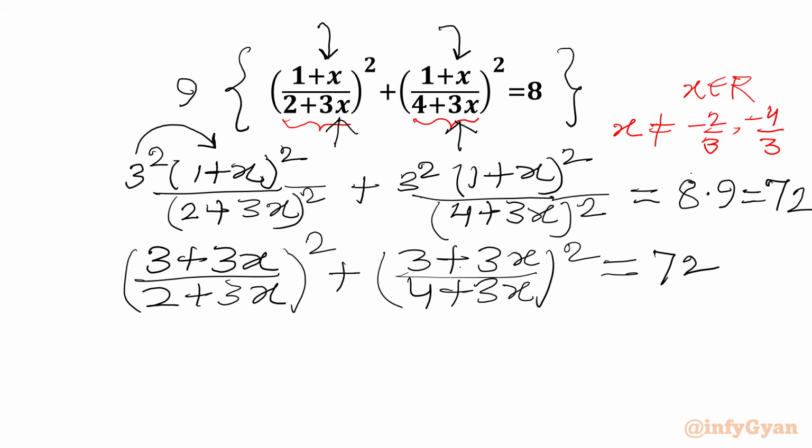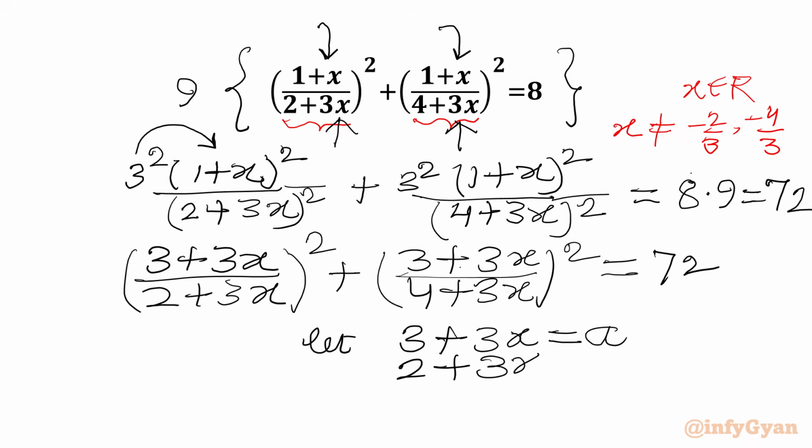Now we have 2 plus 3x, 3 plus 3x, 4 plus 3x. So let us assume 3 plus 3x suppose equal to a. So we can write 2 plus 3x will become a minus 1 and 4 plus 3x can be written as a plus 1.